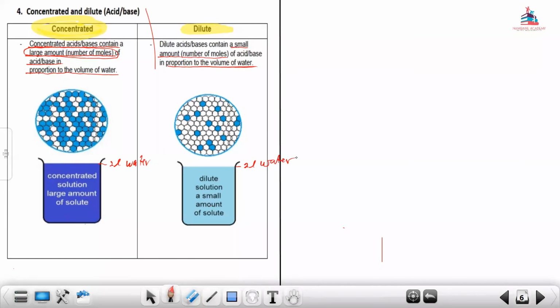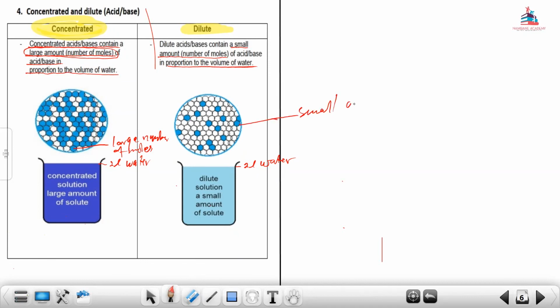But the only thing that is changing here should be what? Large number of moles. Obviously here, it will be what?